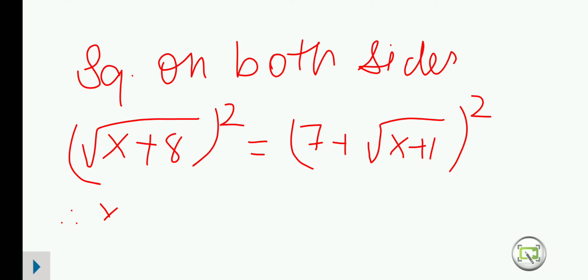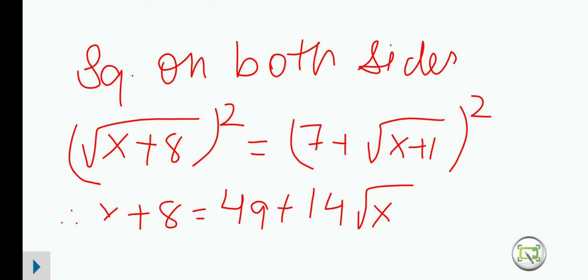Therefore, x plus 8 is equals to 49 plus 14 root x plus 1 plus x plus 1. As this term we will be applying the formula of a square plus 2ab plus b square, where a is 7, b is root x plus 1.